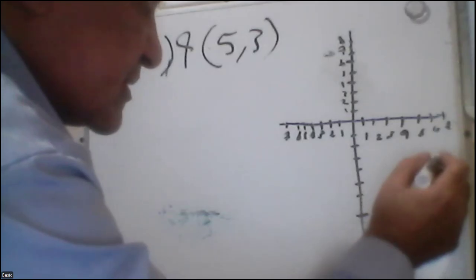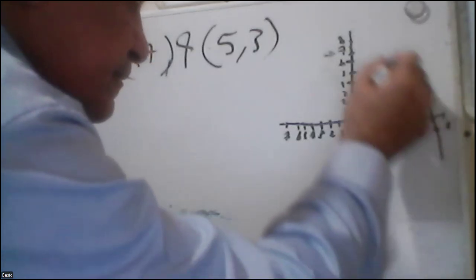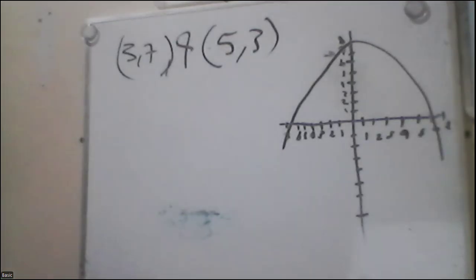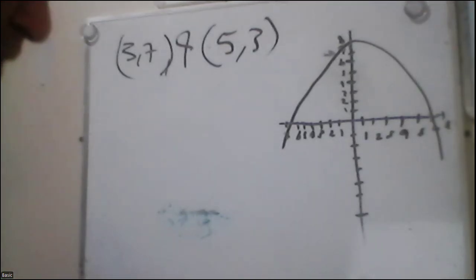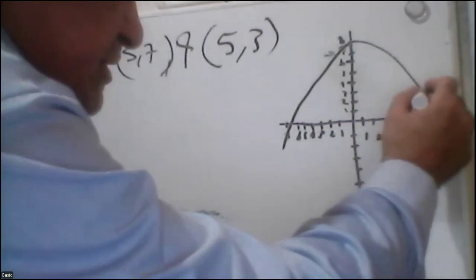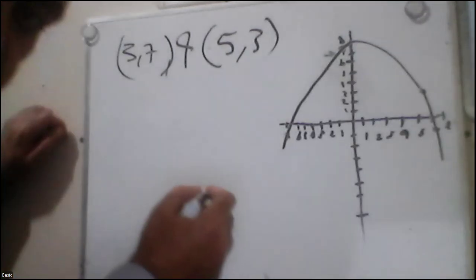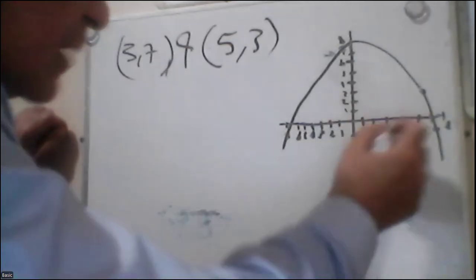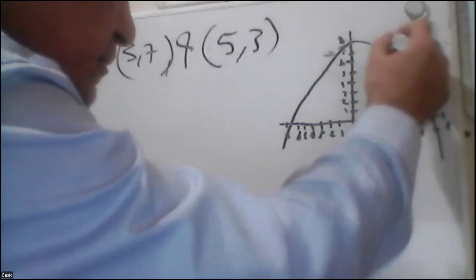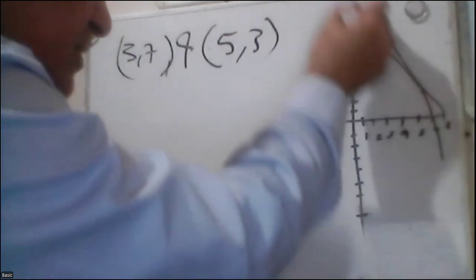It's going like this, the curve. In that way. And I have here the point of touch is 5 and 3. Here the tangent is 5 and 3, and a point 3 and 7. So this is the tangent line, it goes like this.